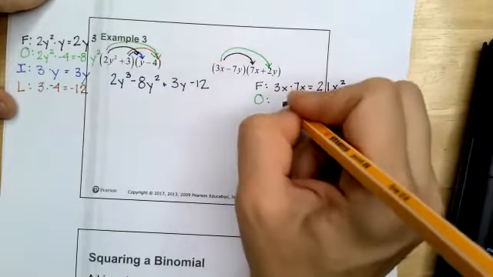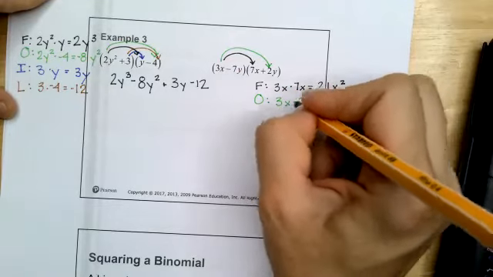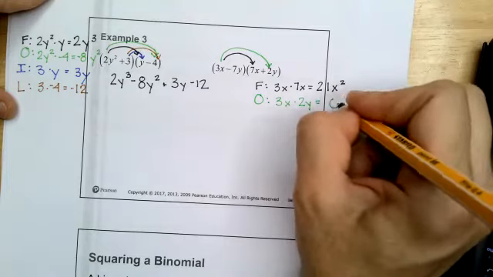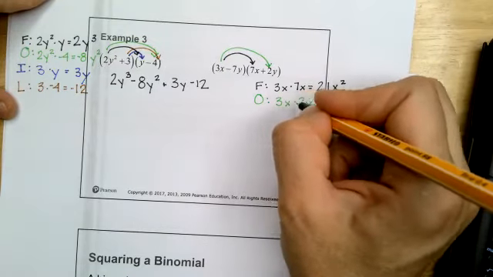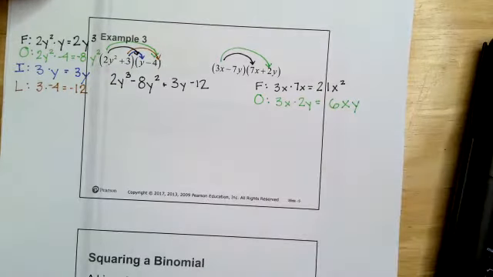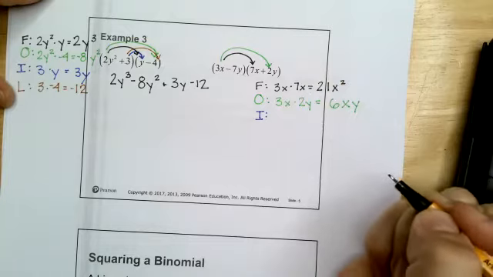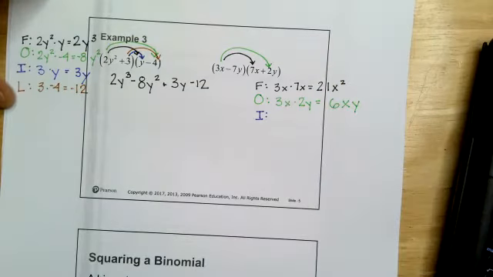O, or just the next one, is 3x times 2y. 3 times 2 is 6. They were both positive. And then x times y just means you bring those both along. Yes, you are correct.